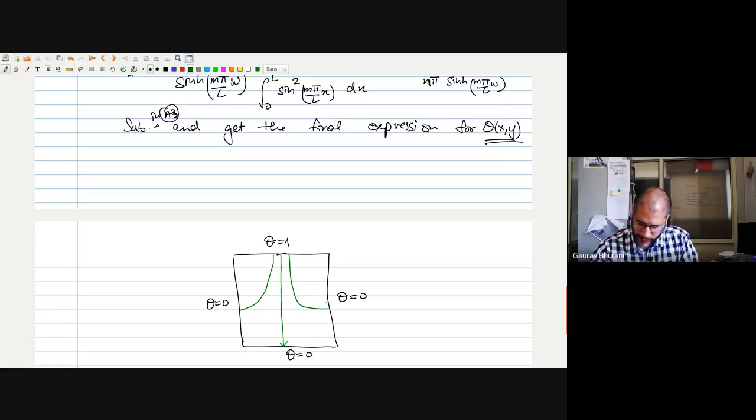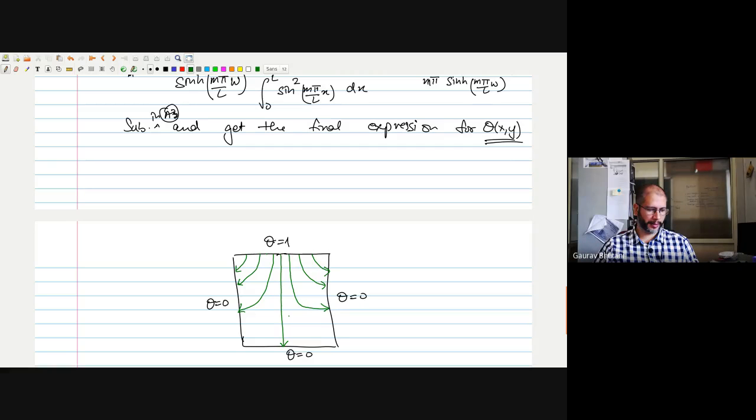Okay, it has to be symmetric. I'm not drawing that way. Heat flows from the top all the way to the sides, and this is what we get.